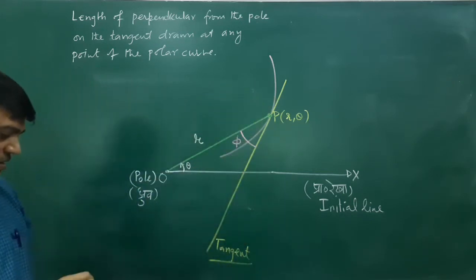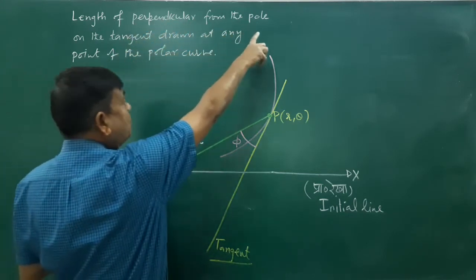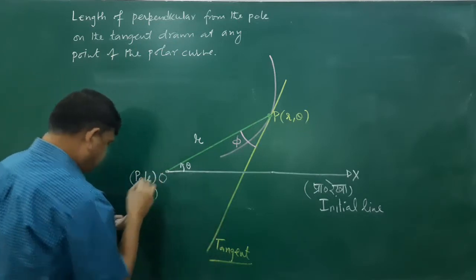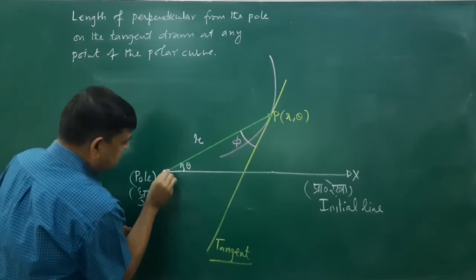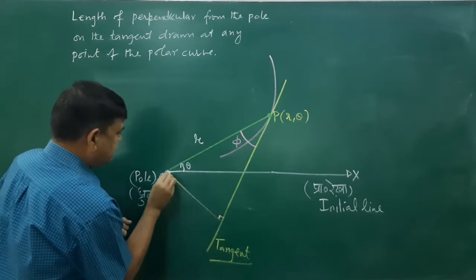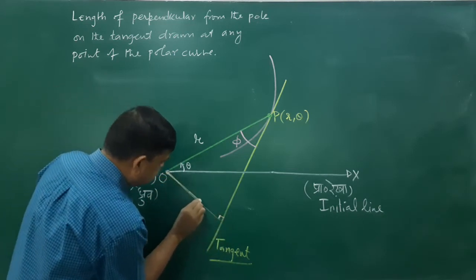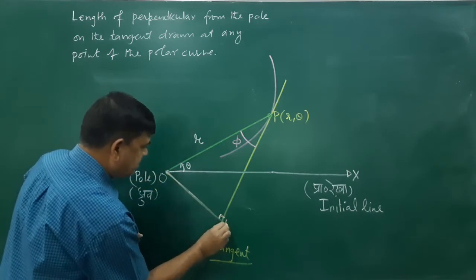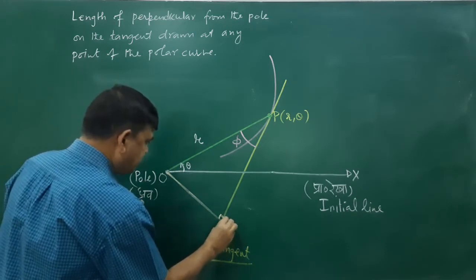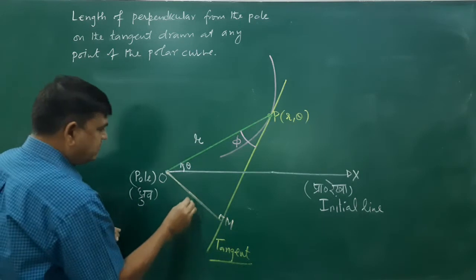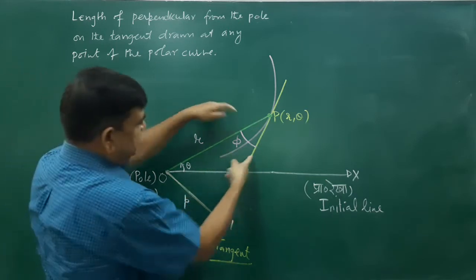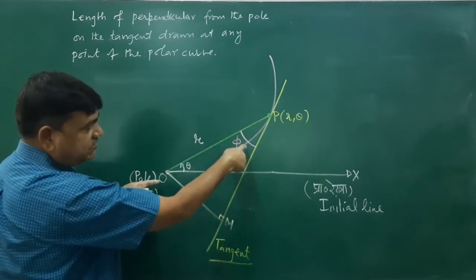Everybody knows this. Now, length of perpendicular from the pole, here is the pole, on the tangent, this is the tangent, so here it is. This is M. This length is denoted by the letter p, small p. So this is the angle phi, this is r, so this is perpendicular with respect to this.